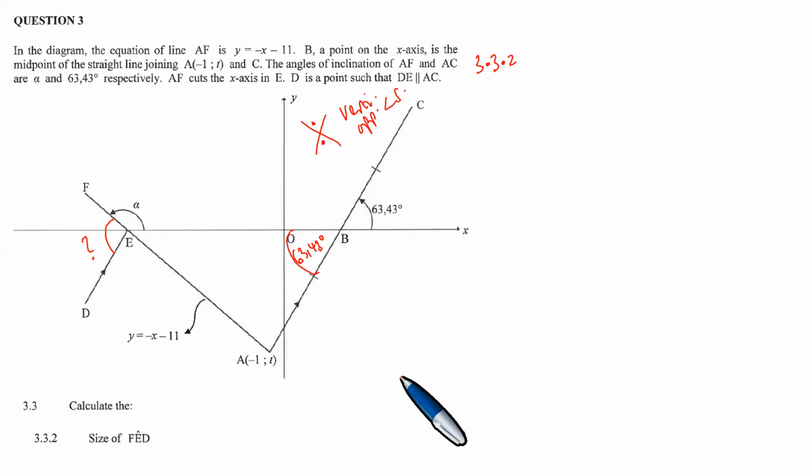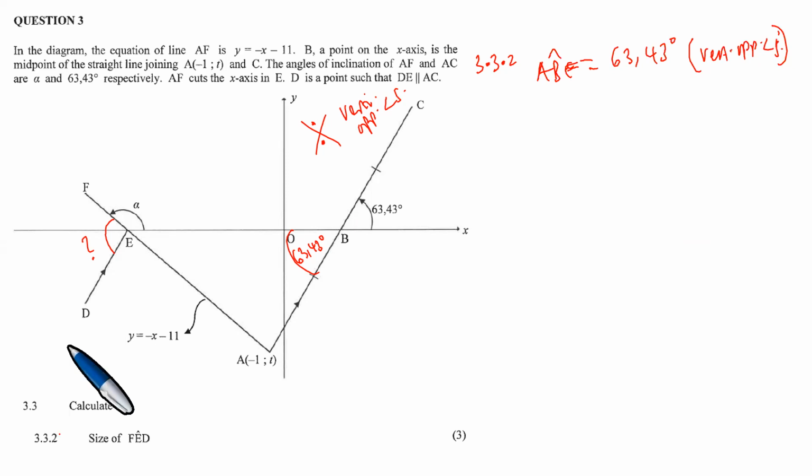Now I want to find the size of this angle. We know already that angle ABE is equal to 63,43 degrees. Why is the angle equal to that? Because they are vertically opposite angles.